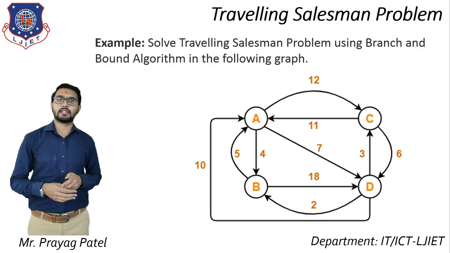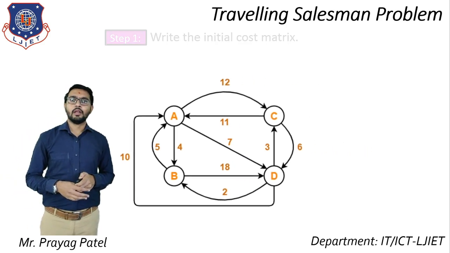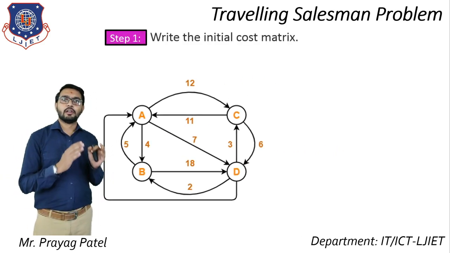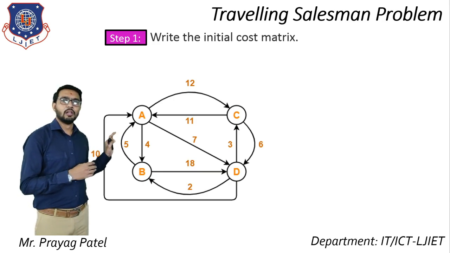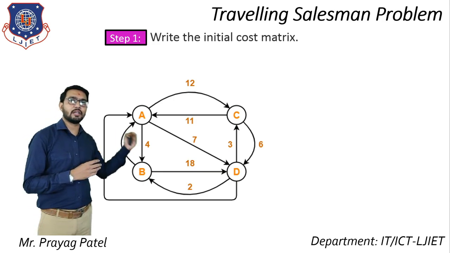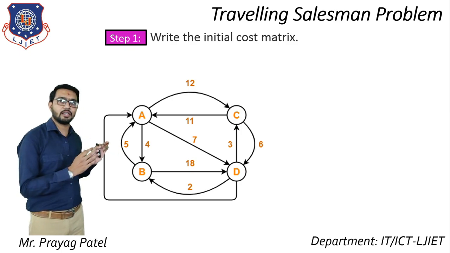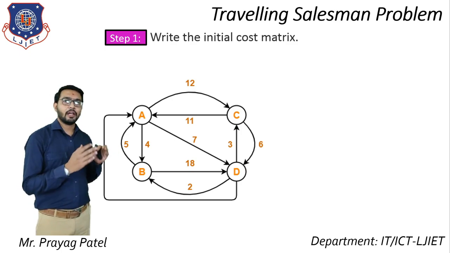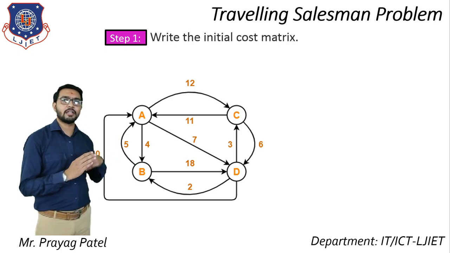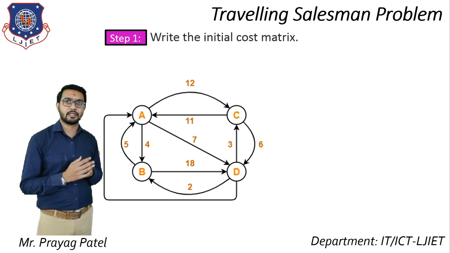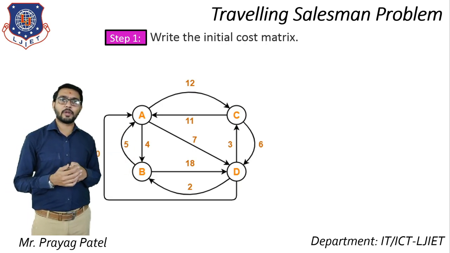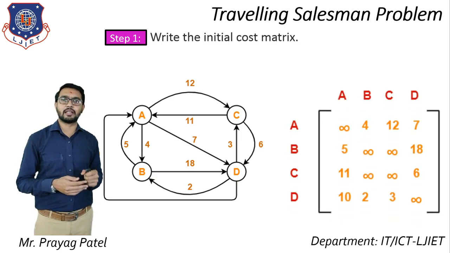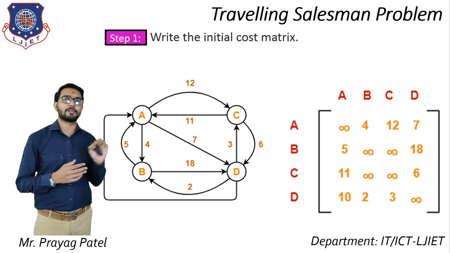Now consider step number 1. In step number 1, first write the initial cost matrix. From the given graph, you represent your graph as a matrix, and this matrix is considered the initial matrix. Here, for the matrix representation, the total number of nodes is 4, so consider a 4 cross 4 matrix.